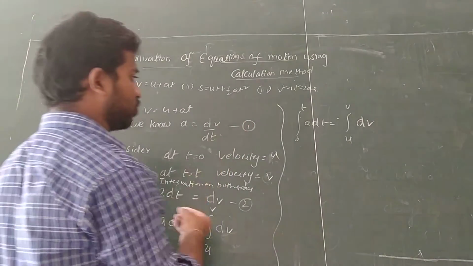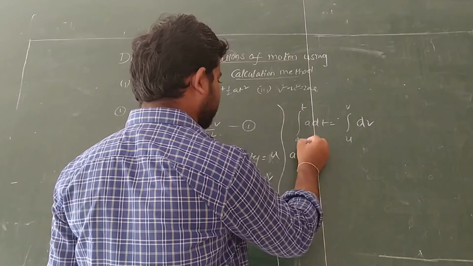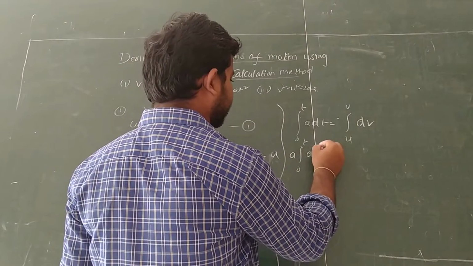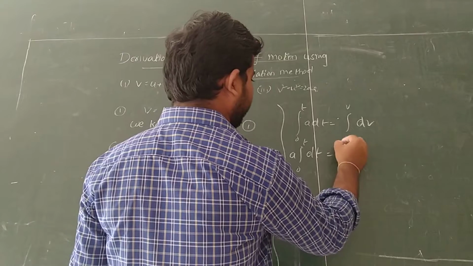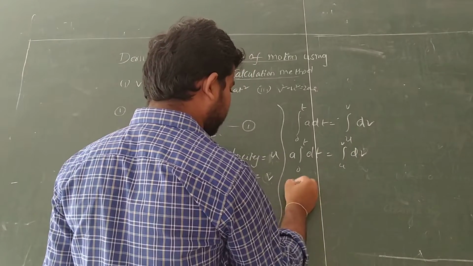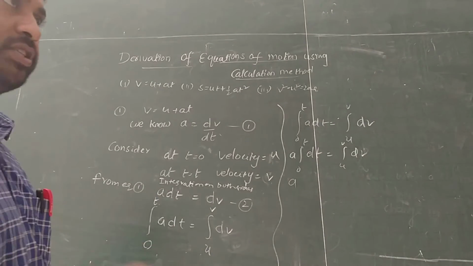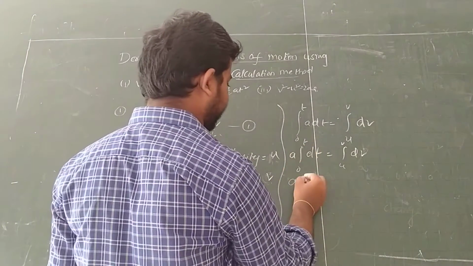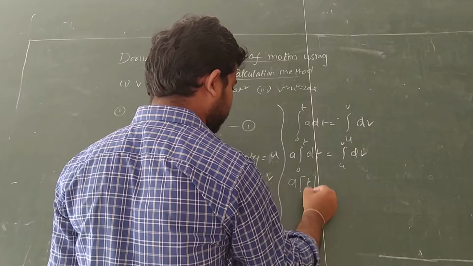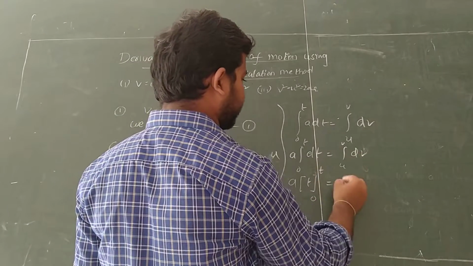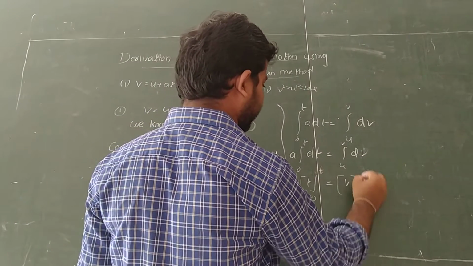Then here acceleration is constant, so a times integration of 0 to t dt. Then integration of u to v dv. Already I told you the d and the integration will cancel. So integration of dx is x, integration of dy is y, like the integration of dt is t with limits 0 to t. Integration of dv is v with limits u to v.